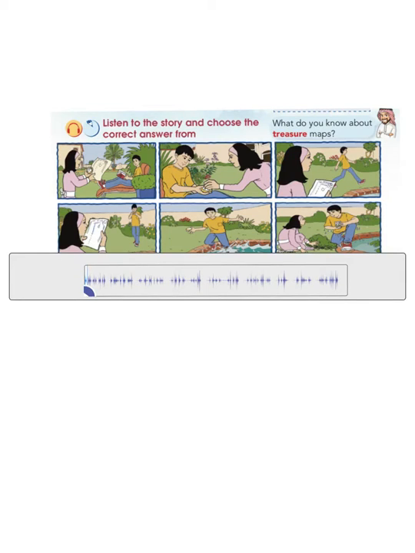Unit 7. An Arab Invention. Pages 2 and 3. Exercise 1. Listen and read. Nasser, can you help me with my homework, please? Yes. What are you doing? I'm drawing a treasure map of the garden. Where's the treasure?